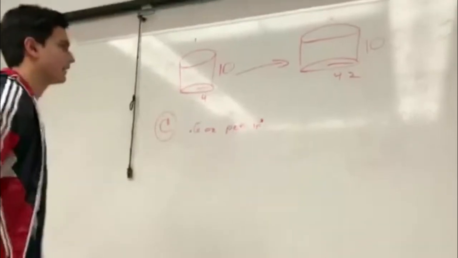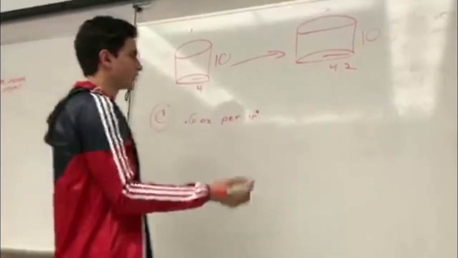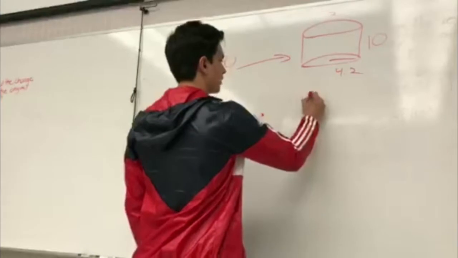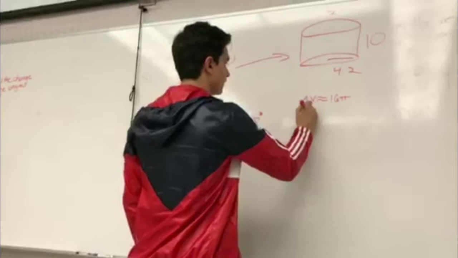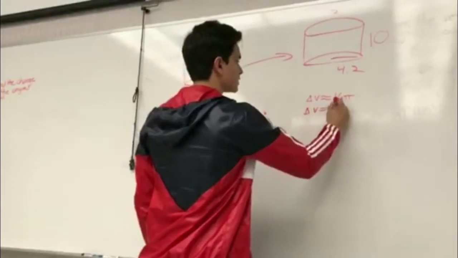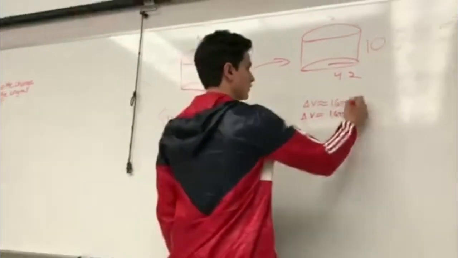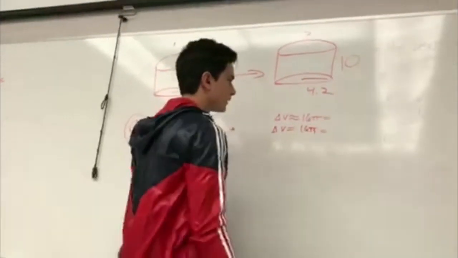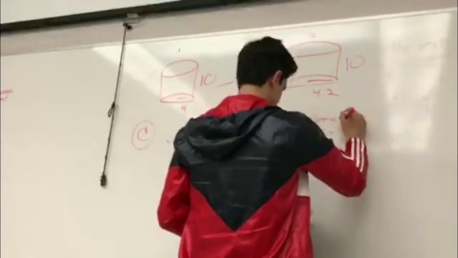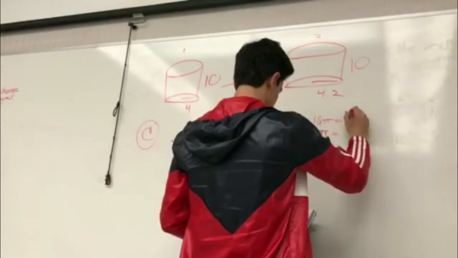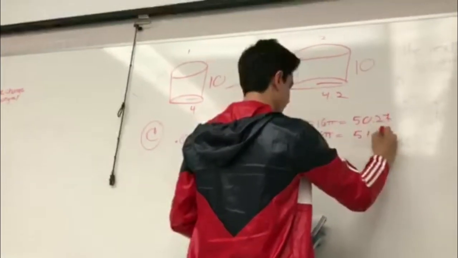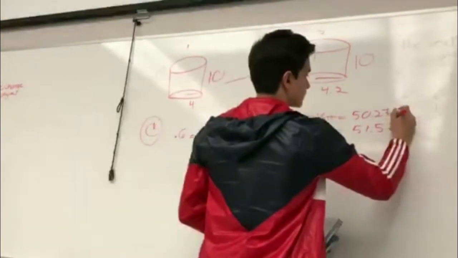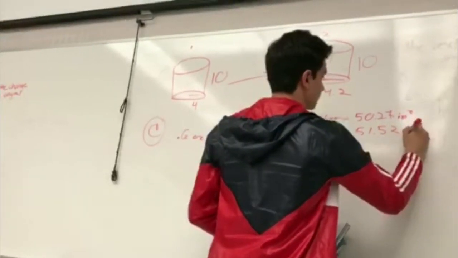Now first of all, we need to turn the approximate change of 16 pi and the actual change into actual numbers, which is going to be equal to 50.27 and 51.52 inches cubed.